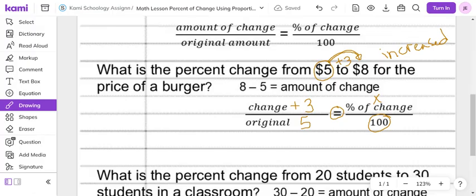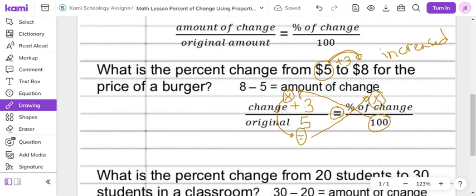Cross products will always help us figure out how to solve for the missing part of the proportion. So we start on the side with the unknown, and then we multiply diagonally, come around to the known ratio, divide, and then that will take us back to the unknown.